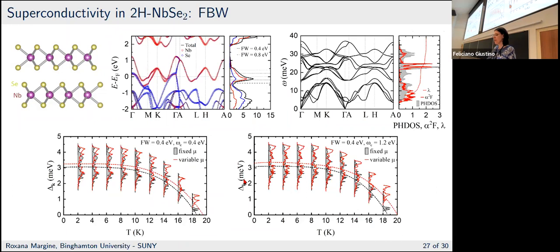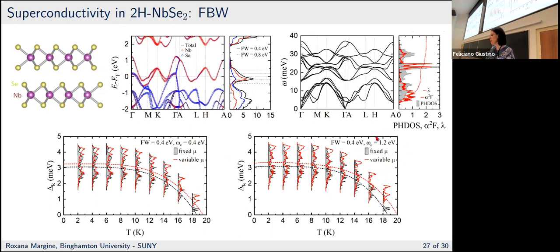Now we also compare this fixed chemical potential with a variable chemical potential. You remember when I had to solve either 4 or 3 equations in this approach, I found that if you include this variable chemical potential, then you need larger cutoff frequencies in your Matsubara summation.